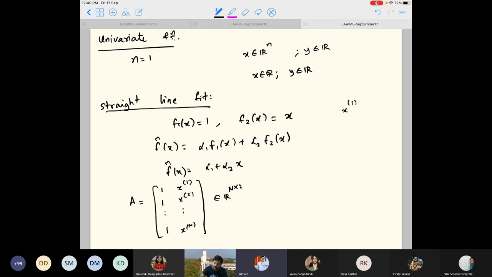So the data is always x1 up to xN and y1 up to yN, right? So this is your A, and yd will be equal to y1 up to yN, correct? So this is what you will have, and then you can do (A transpose A) inverse A transpose yd, and you get the parameters alpha 1 and alpha 2, right? So this is the straight line fit.